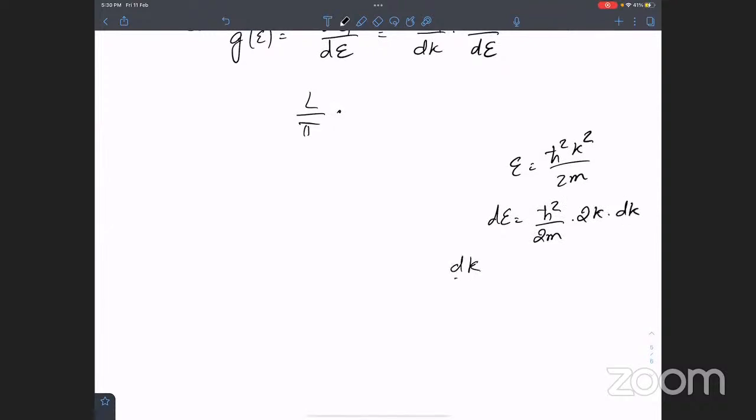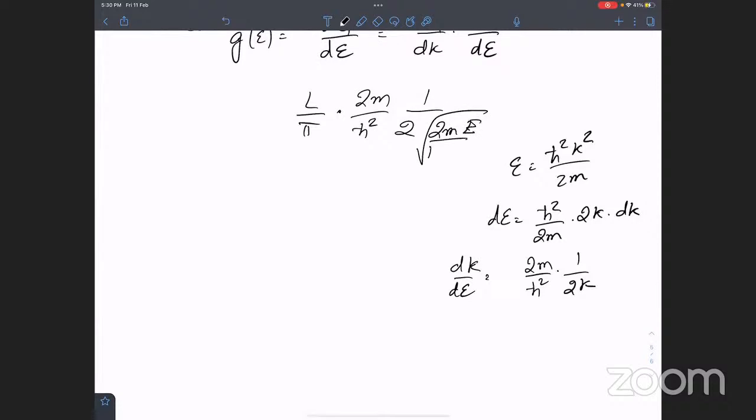So dk by dE is 2m by h bar squared into 1 by 2k. K can again be written as root of 2mE by h bar squared. So bottom line, g of E is going to be proportional to 1 by square root of E.